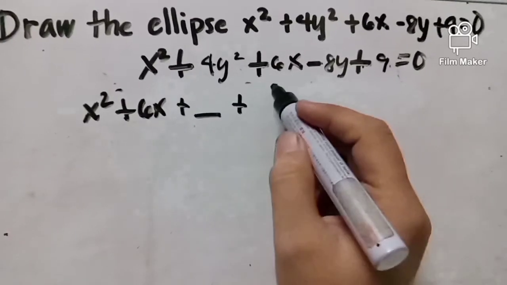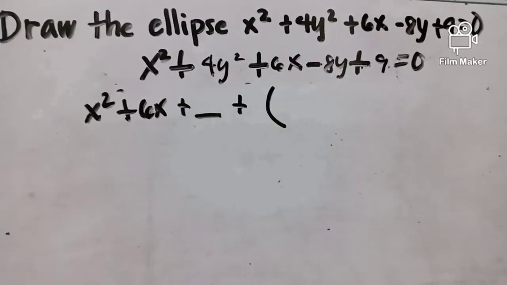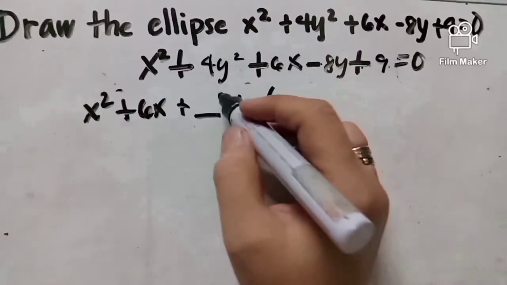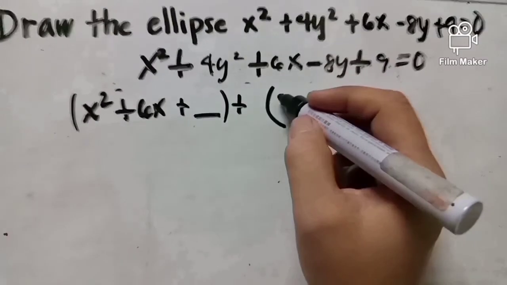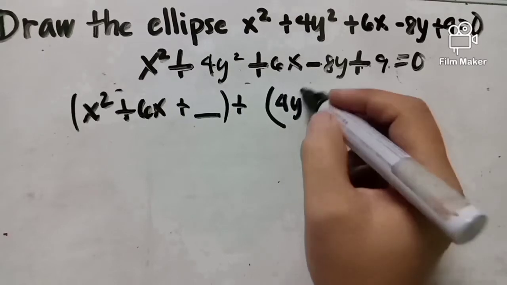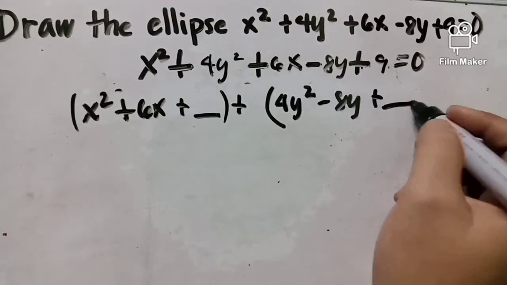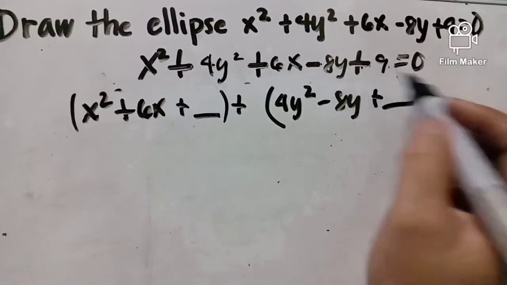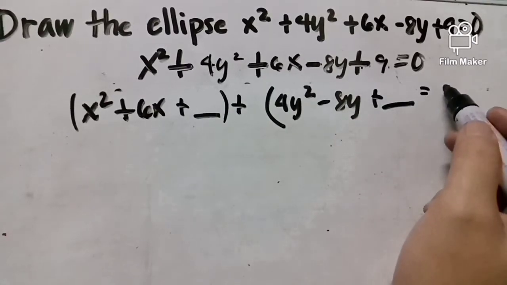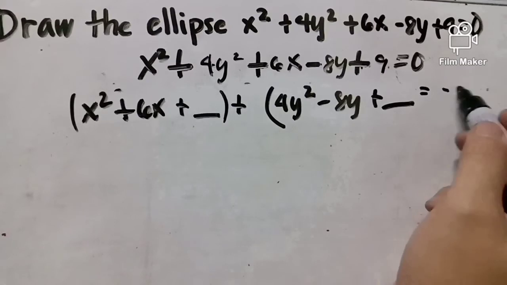Plus. Okay. And then, second step natin, pagsamahin natin yung 4y. Take note. 4y squared minus 8y plus blank. Tapos, itong 9, paglipat mo sa kabila, magiging negative 9.